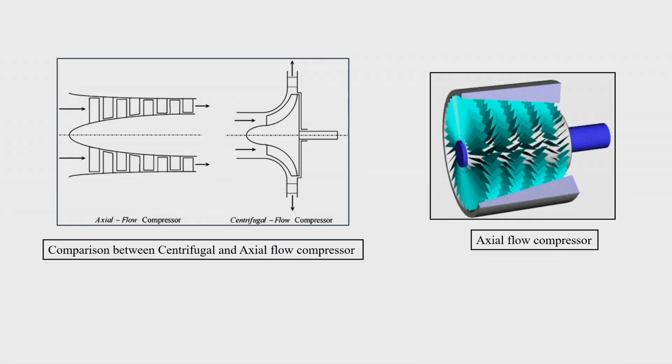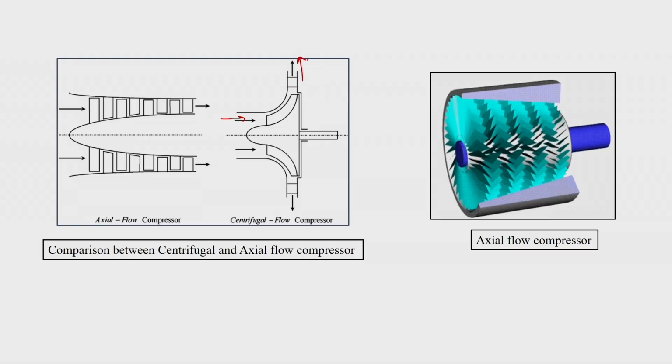Now, the axial flow compressor is different from the centrifugal compressor. In the centrifugal compressor, we have seen that flow enters axially but goes radially out.